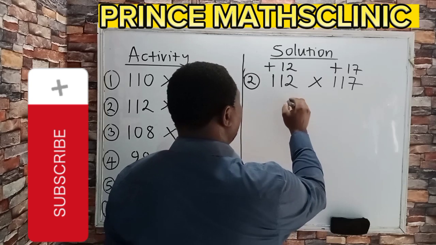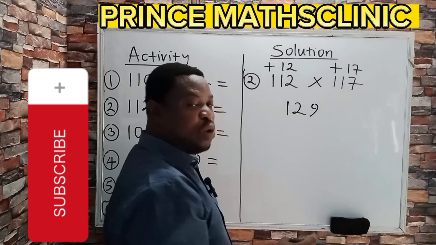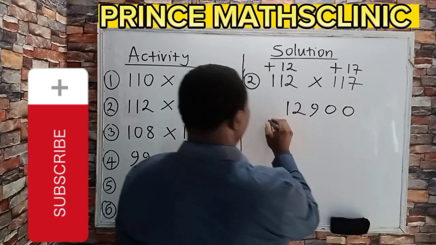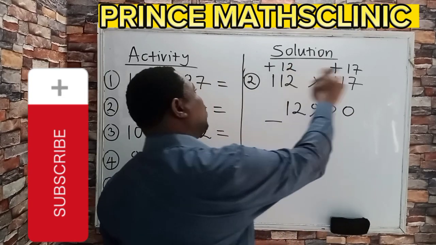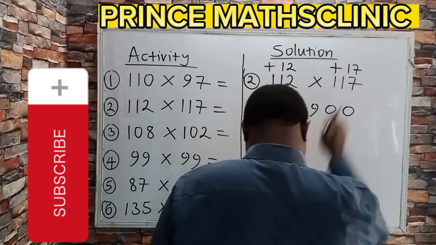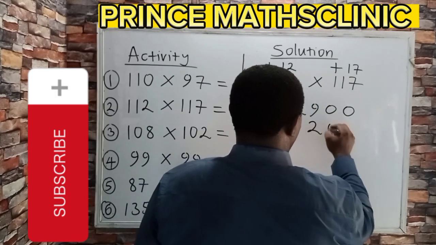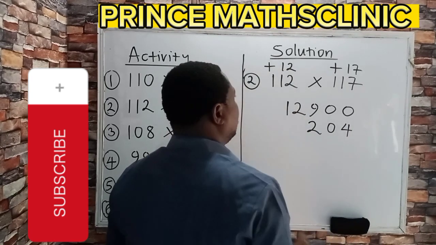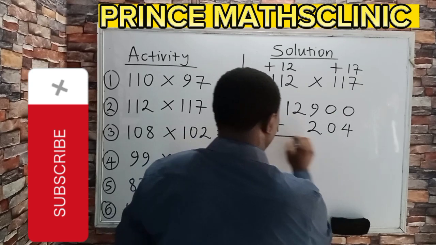So put 129. Then because you are dealing with numbers in terms of 100, add 2 zeros. Then you say 12 times 17, 204. Now, because the number is positive, it's going to be plus.